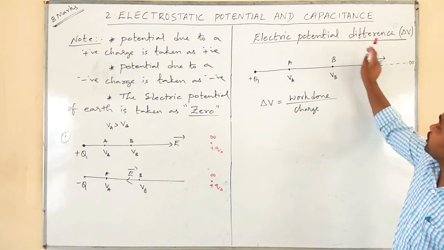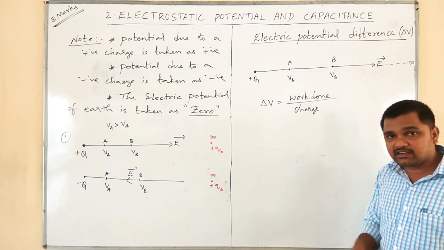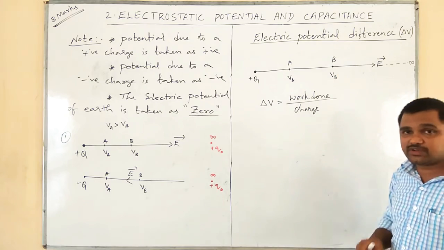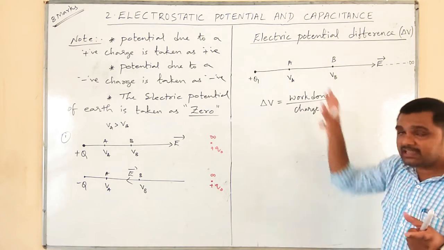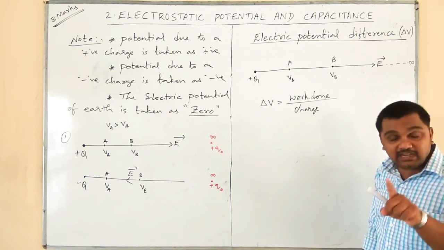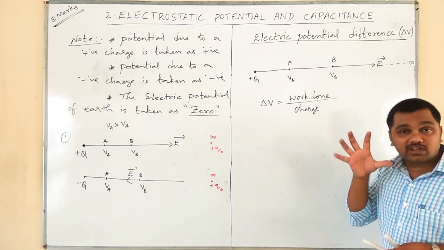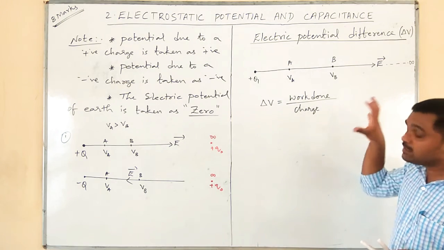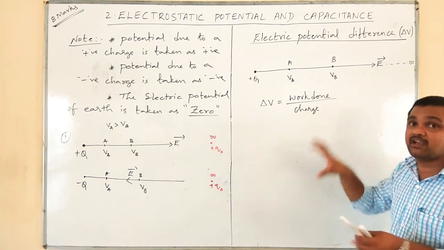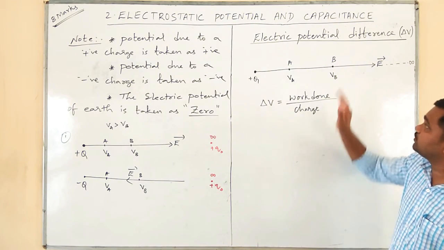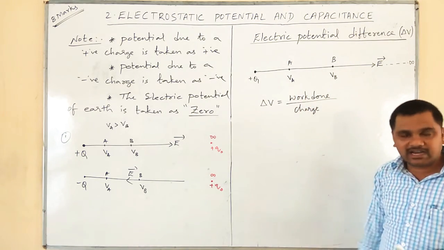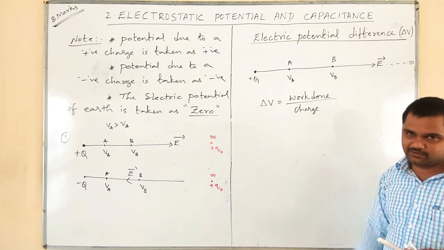See, electric potential difference between 2 points in an electric field can be defined as the amount of work done in moving or in bringing a unit positive test charge from one point to another point in that electric field.